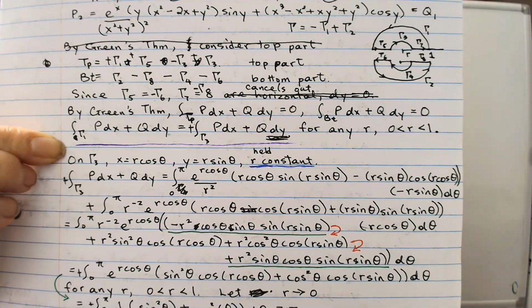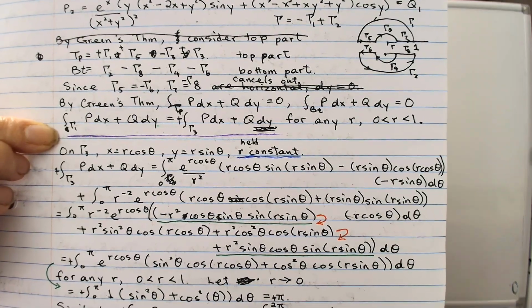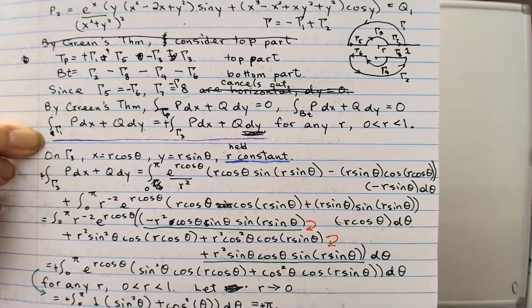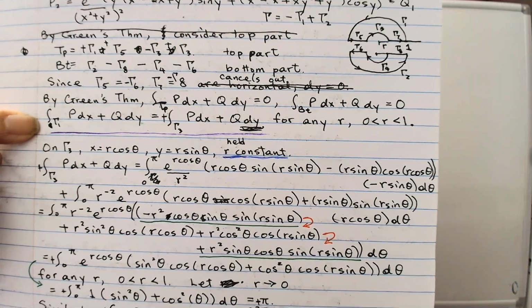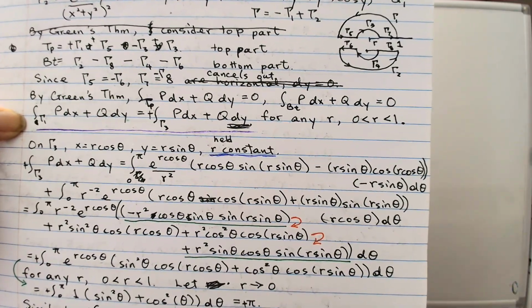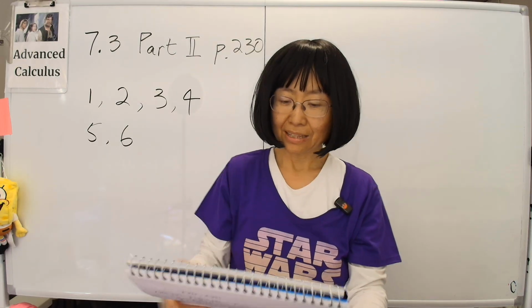That's just the top half, which is fine. And similarly, the integral on gamma 4 is the same as the integral on gamma 2. And that is true for any r between 0 and 1. That's good to know.